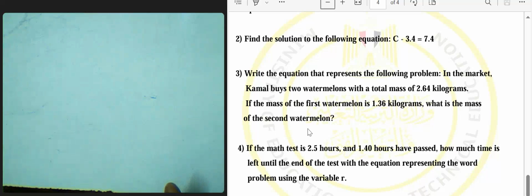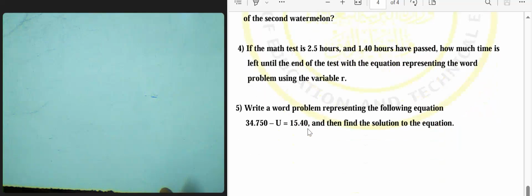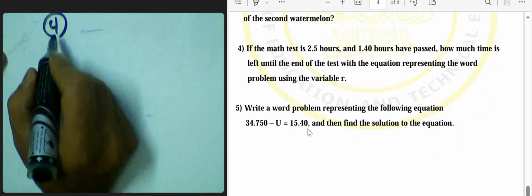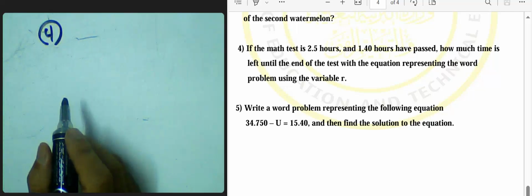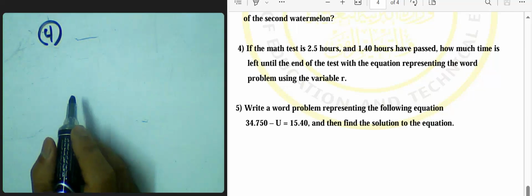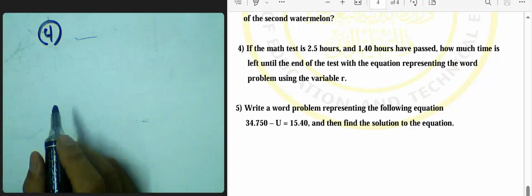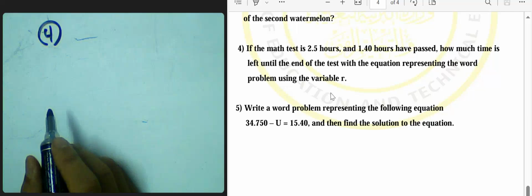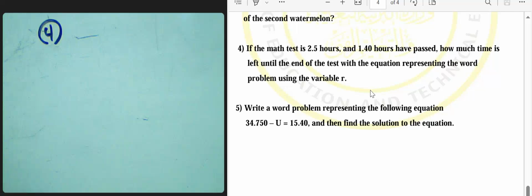Next question. Number 4. If the math test is 2.5 hours and 1.40 hours have passed, how much time is left until the end of the test? Write the equation, present here a word problem using verbal or... It says the math test was 2.5 hours and 1.40 hours have passed.